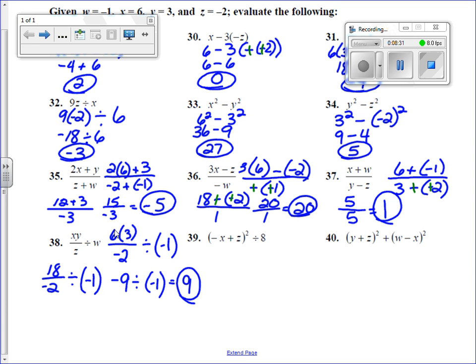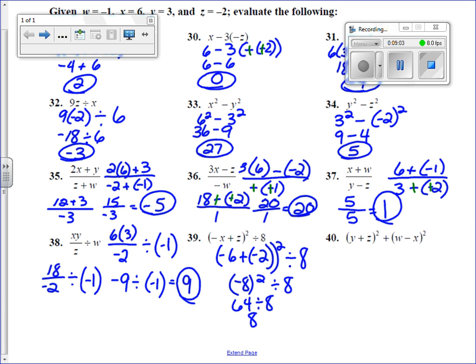I have negative 6 because x is 6. Sorry about that. Negative 6 plus negative 2, that whole quantity squared divided by 8. That's better. So negative 6 plus negative 2 is negative 8. That number squared divided by 8. I get 64 divided by 8, which gives me 8.